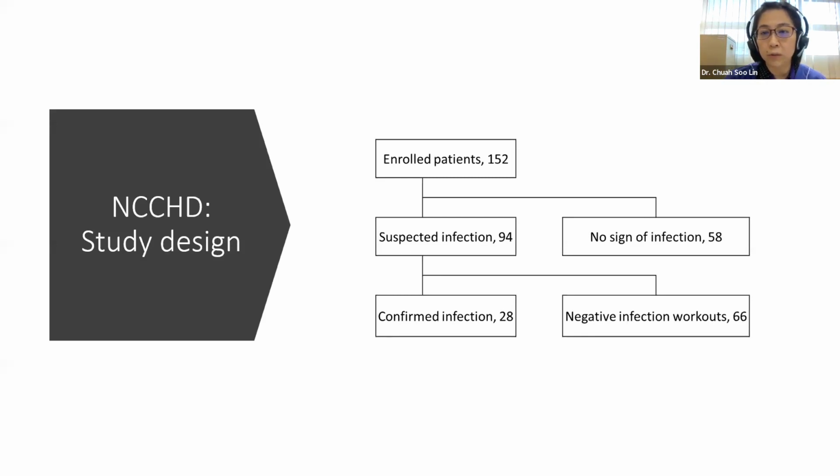We reviewed 3 years of records and enrolled about 150 patients. About 2/3 of patients had suspected infections and an infection workup done, and out of those, 1/3 had a confirmed infection.